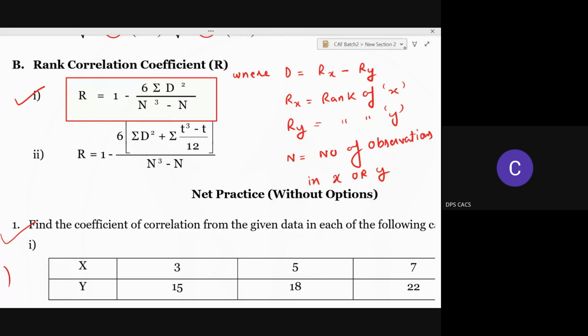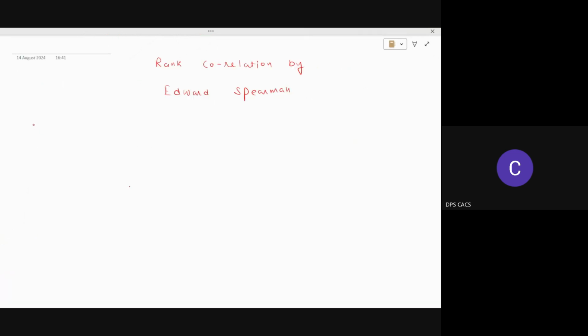Coming to one example. Have you learned the formula? 1 minus 6 summation d square by n cube minus n. Say it 4 times and you will remember it. Now coming to one example.